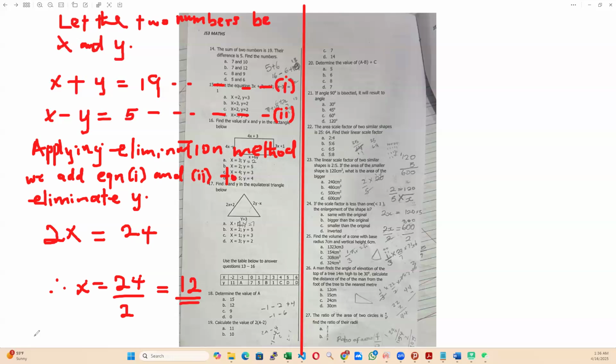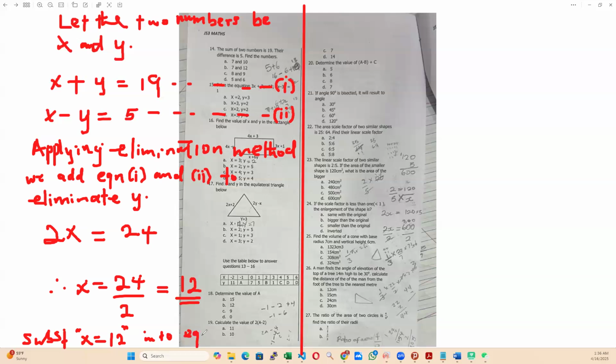So we're now going to substitute x equal to 12 into any of the equations of our choice. So we choose to substitute it in equation 1.